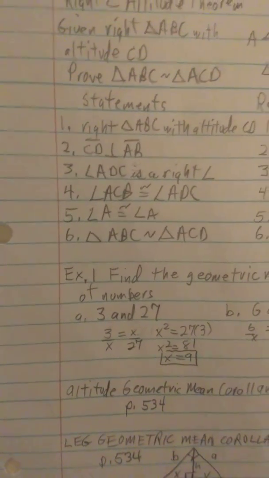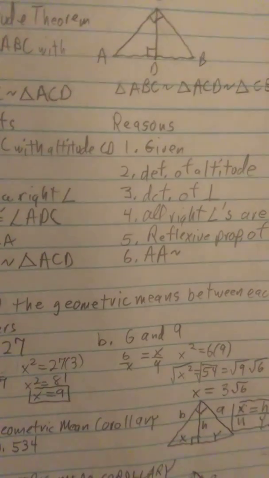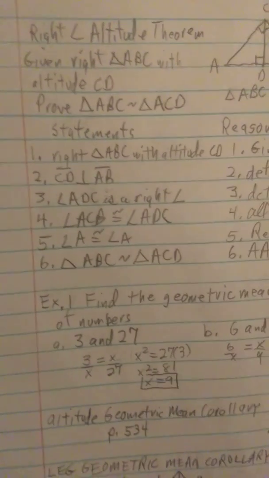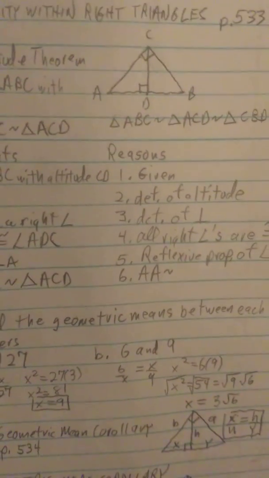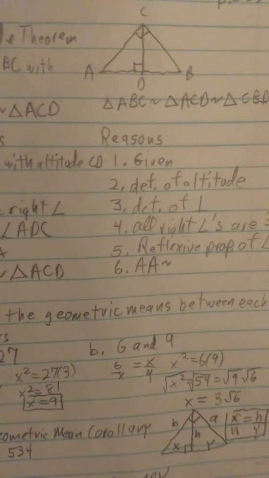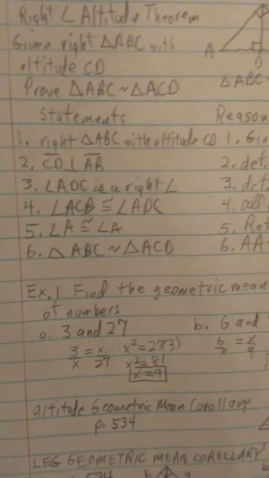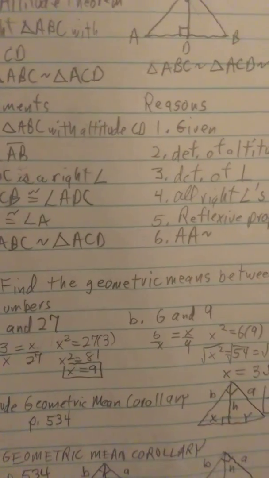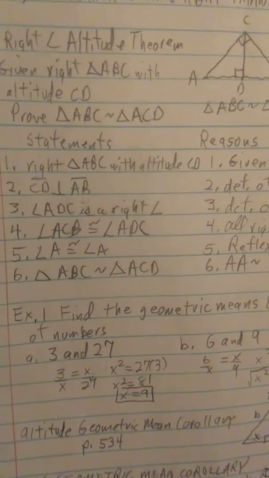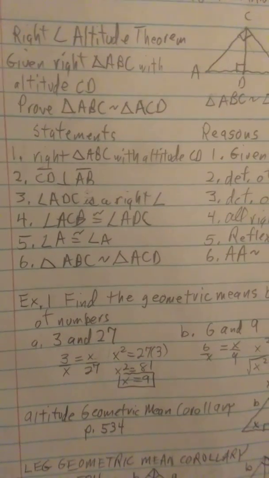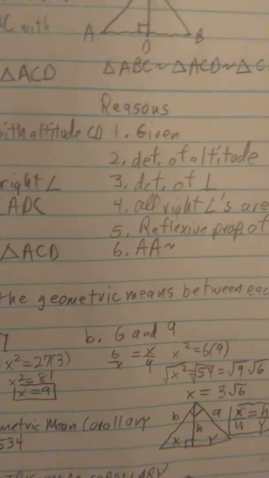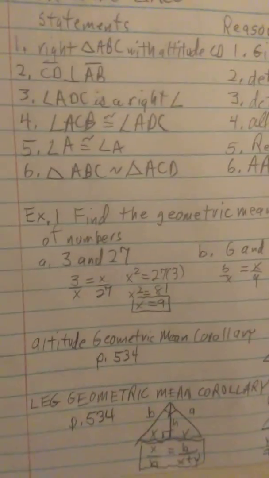That angle ADC is a right angle, definition of perpendicular, where I have it marked as right. And angle ACB is congruent to angle ADC because they're both right angles and all right angles are congruent. And angle A is congruent to angle A, of course, by reflexive property. Therefore, making two corresponding angles congruent and making triangle ABC similar to triangle ACD by AA similarity.